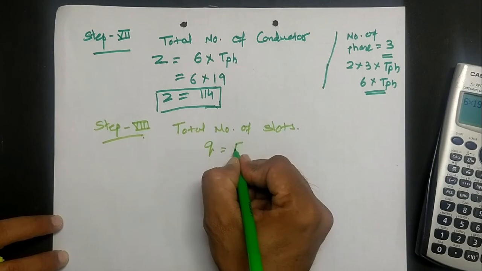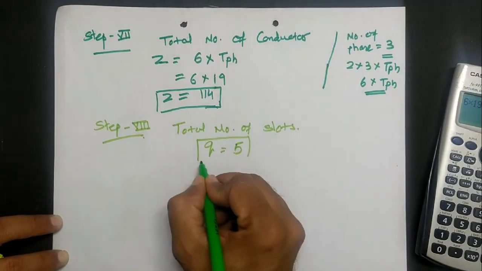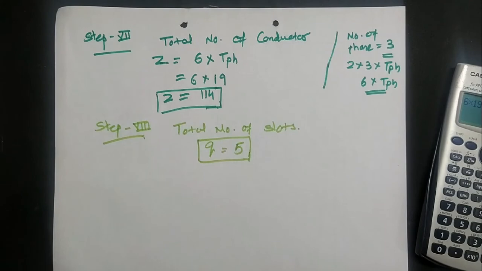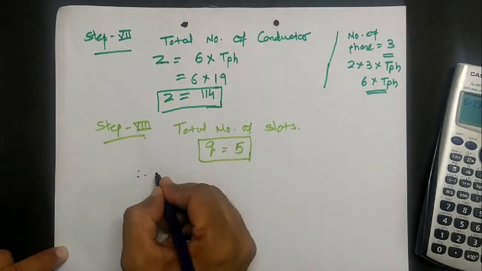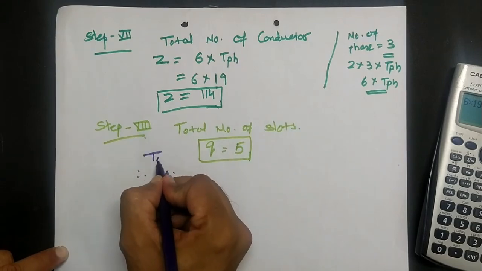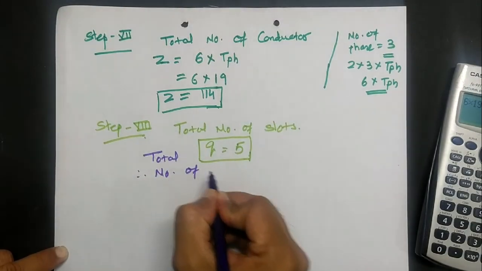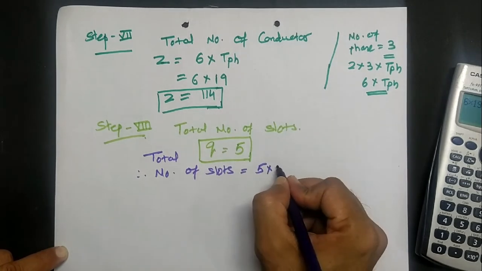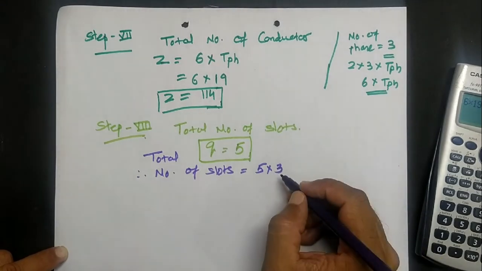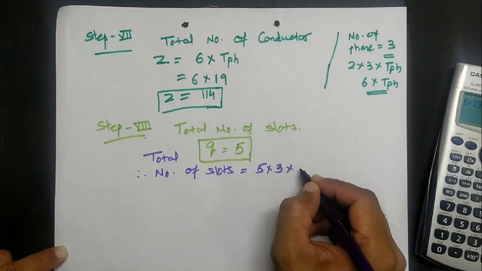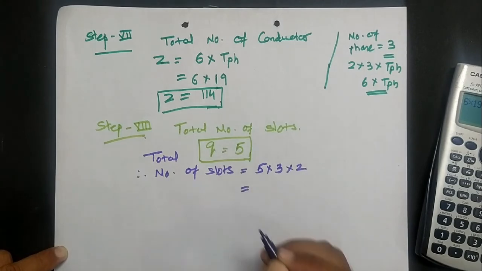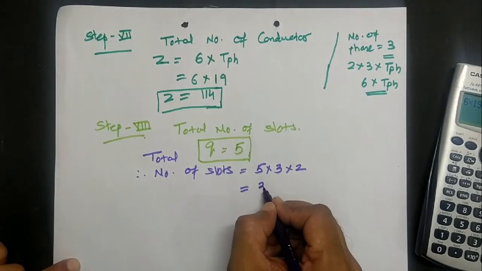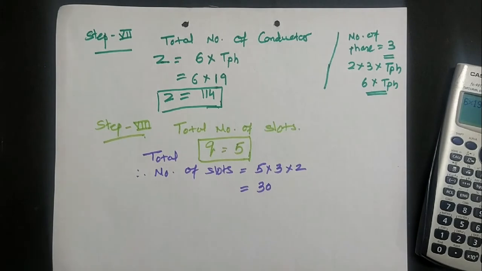Let us take 5. This can be chosen as per our design requirement. Therefore, the total number of slots is 5 multiplied by the number of phases, that is 3, and the number of poles, that is 2. So it ultimately comes to 30. So 30 is the total number of slots.